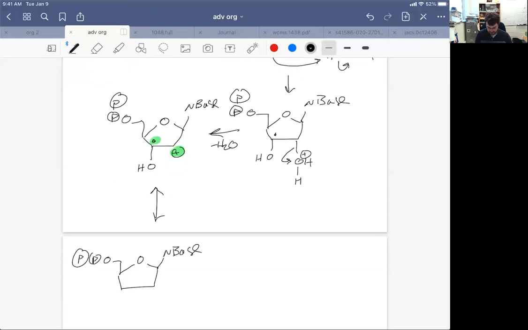Instead of considering the resonance structure where the positive charge is on the right and the radical is on the left, I'm going to flip them. That's going to put the positive charge at this position.